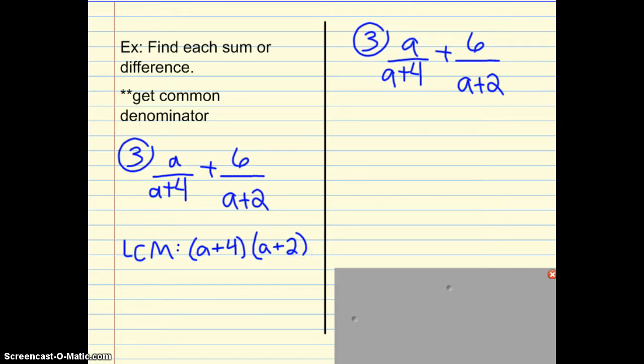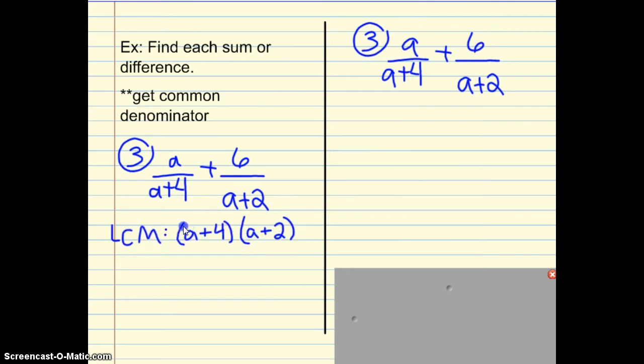And what that means for over here is that on the bottom we're going to have a plus 4 in parentheses and a plus 2.